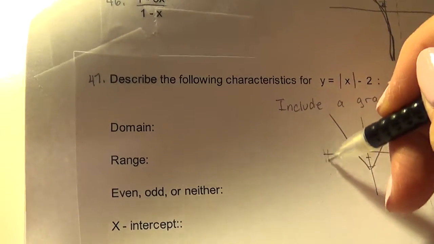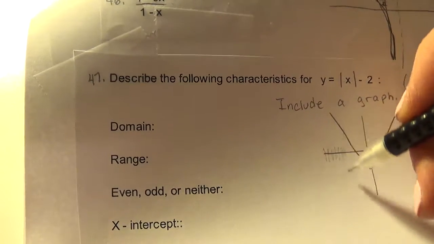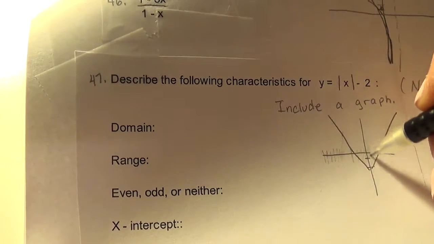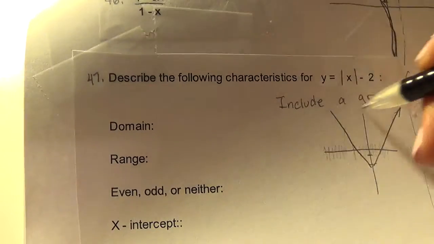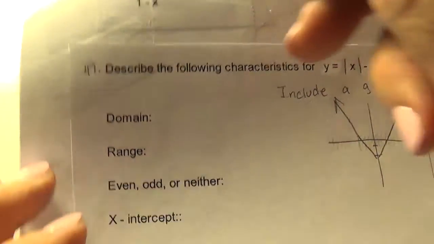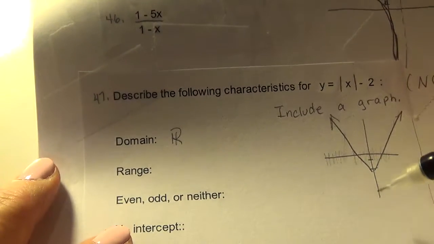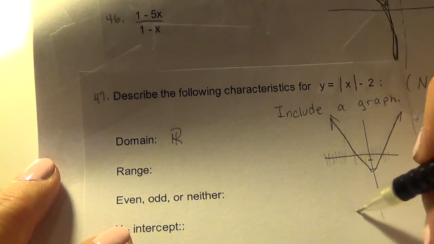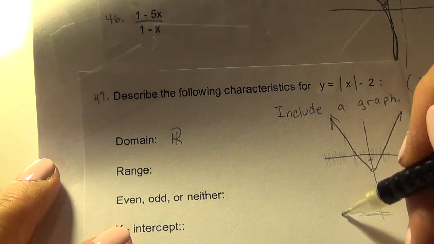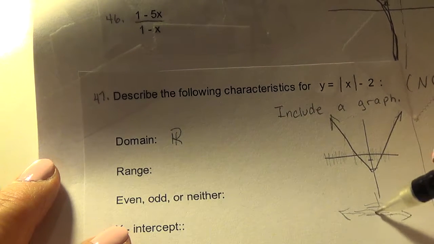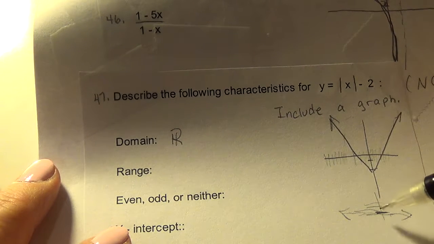Domain, what values of x can I go up and down and still hit the graph? Well, since this gets infinitely wide, at some point it's going to be all reals. And the range is the values for y. Will this value for y ever touch the graph? If I go to the left or right, will this value for y be in the range?